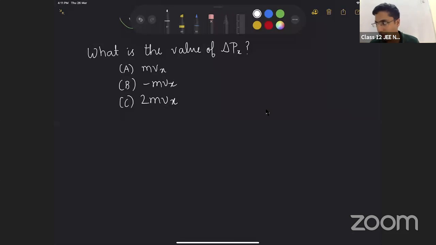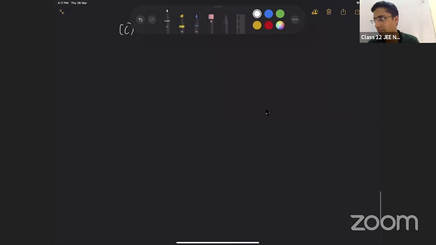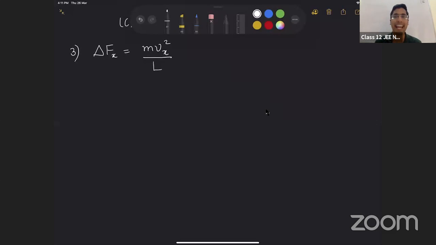So now, moving on to the third part of this derivation. We just saw that delta Fx was mVx square by L. This is the force in the x direction.